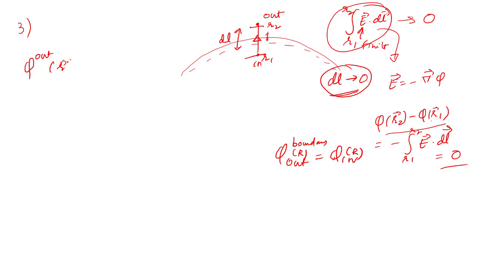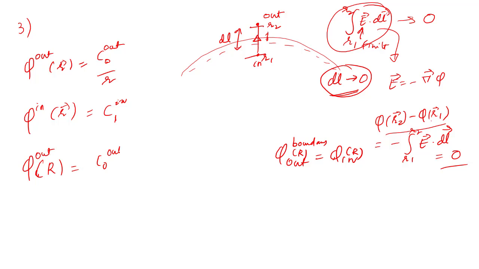So we have determined from the first two boundary conditions that phi outside of R was equal to C0 out by R, and phi in of R was equal to C1 in. So now if I look at phi out at R, that should be C0 out at R, right?